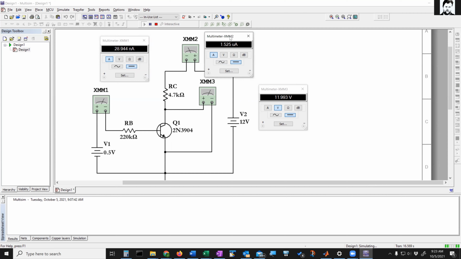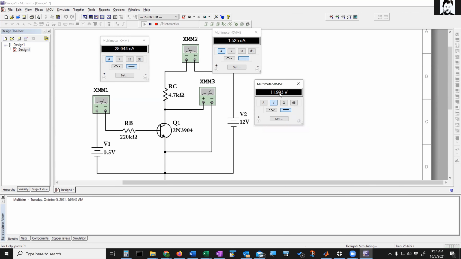The collector current has also increased from nano to microamps now. And that's because I'm getting pretty close to turning this junction on, right? It turns on around 0.5, 0.6. So it starts to turn on. So I'm right at that point where it's starting to turn on, but you can still consider it off for most purposes here. And we see that the voltage across the transistor is 11.993.